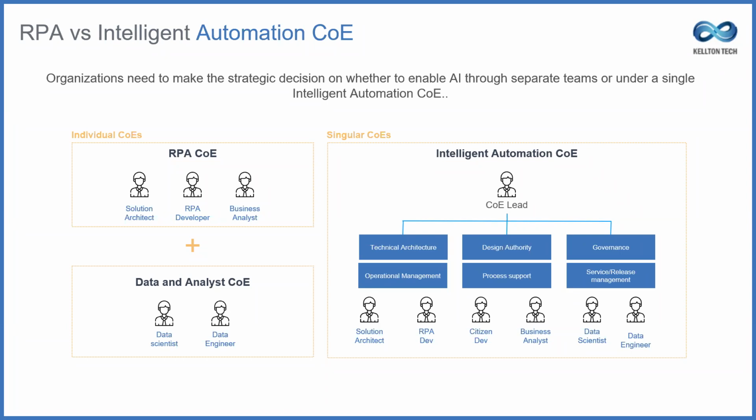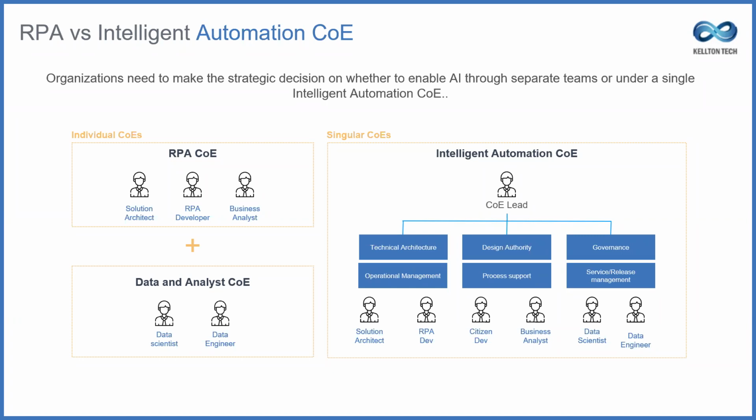So if your organization is much more mature in the analytics and the decision side, it makes much more sense to keep your RPA COE separated from the data and analytics COE, because very likely the RPA COE will be a consumer of the decisions out of the analytics COE, and your analytics COE can evolve and mature on its own tangent, catering to much more beyond an RPA COE as well.